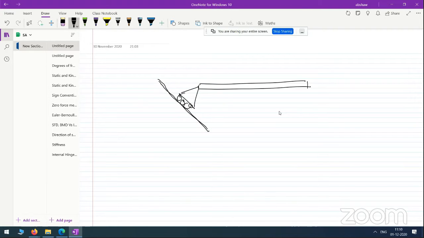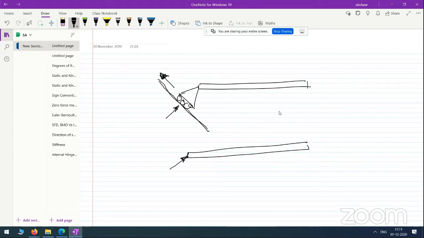Now, in that case, when you draw the free body diagram of this roller support, it can move in this direction, so it is free in this direction. The only restriction is the motion in this direction, so there will be a reaction normal to the plane. So if you have a plane, you draw the degrees of freedom like this.